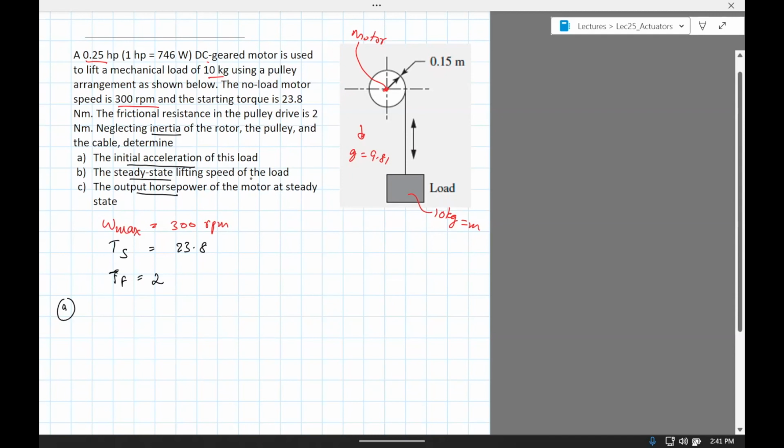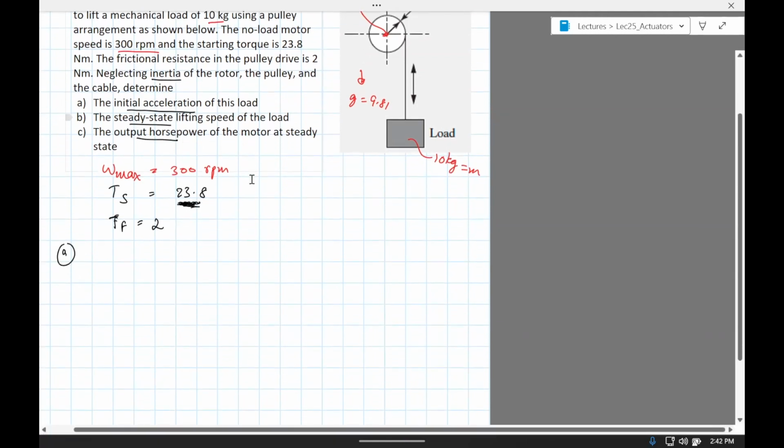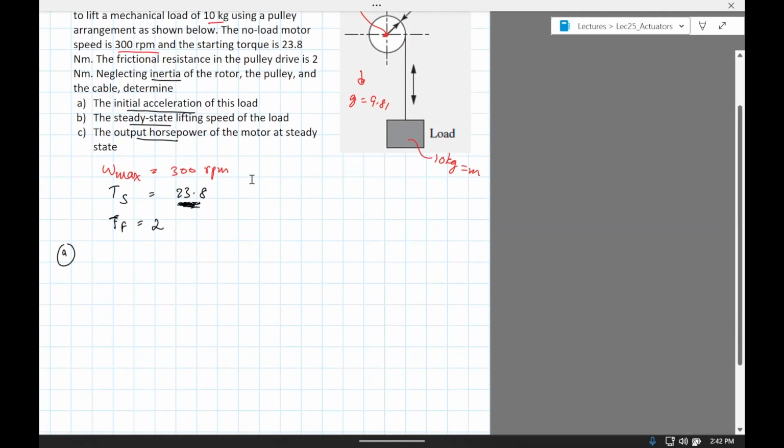Okay, so what's happening is that the motor has a stall torque of 23.8. So when you power this motor with that much torque, assuming that torque is big enough, then this load will start accelerating up, and we need to find that acceleration. So what is the acceleration produced by this starting torque? Because it's the initial acceleration. For that, we somehow need to relate the stall torque with perhaps the tension in the wire.